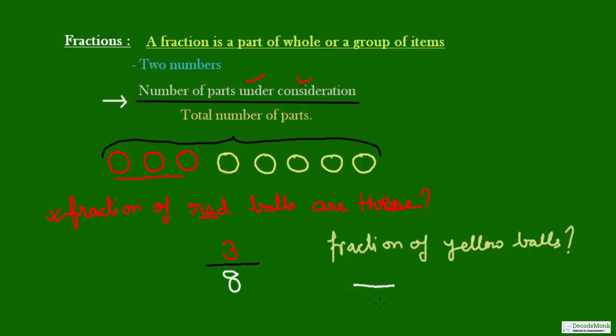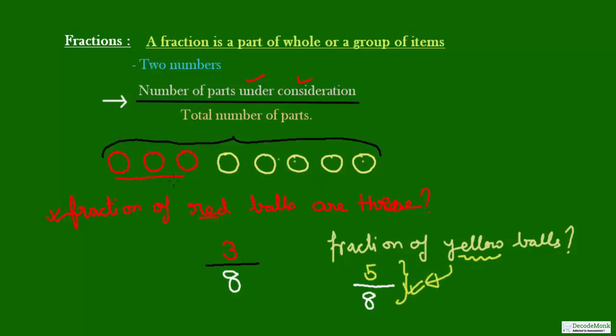The total number of balls will remain the same, that is 8, and above this line we will put the number of balls under consideration, and the type of balls under discussion are the yellow balls. So how many yellow balls are there? 1, 2, 3, 4 and 5. There are 5 yellow balls, which will go at the top of the line. So this is the answer to this particular question.